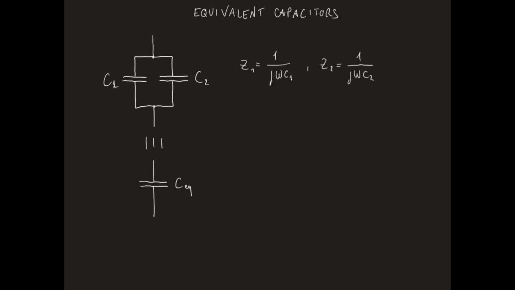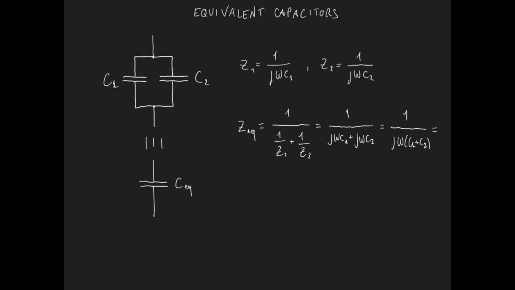According to the rule for the parallel of impedances, the impedance of the equivalent capacitor Zeq will be equal to 1 over 1 over Z1 plus 1 over Z2, which is equal to 1 over j omega C1 plus j omega C2, which is equal to 1 over j omega times C1 plus C2.